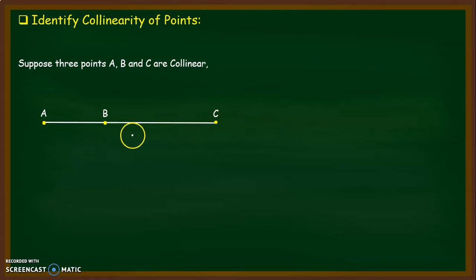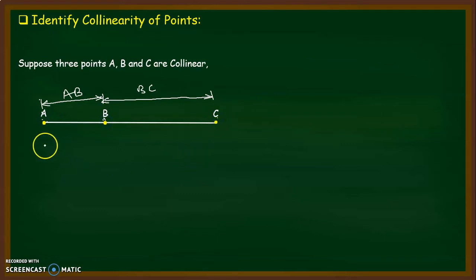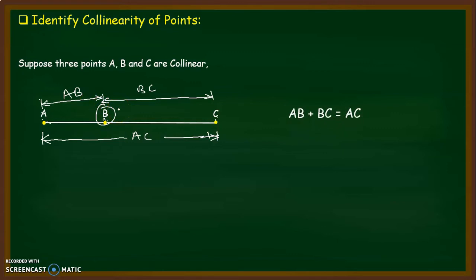So if A, B and C are on the same line, this is the distance between A and B, and this is the distance between B and C. If you add those two distances, AB plus BC, we get the total distance between A and C. It means if A, B and C are collinear and B is the midpoint, AB plus BC will be equal to AC.